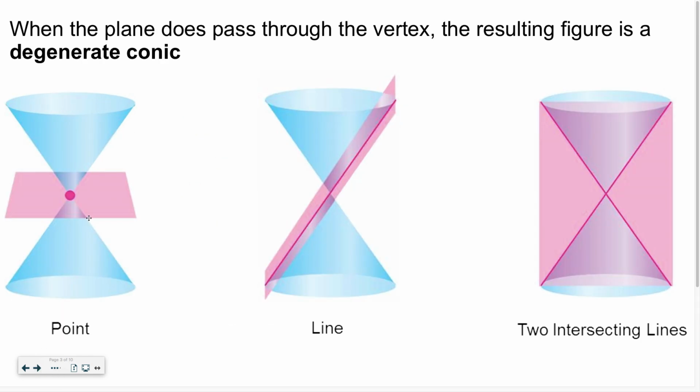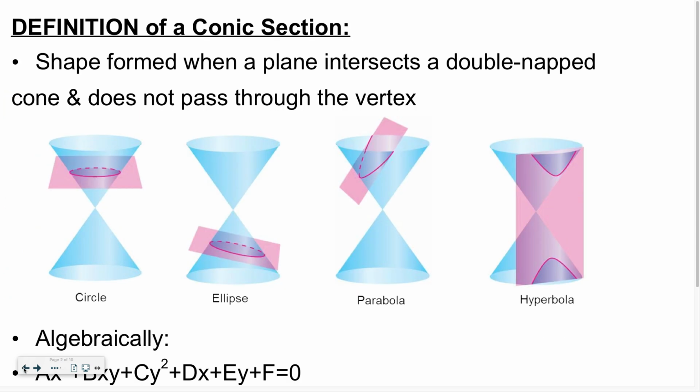We could intersect at a point. We could intersect at that line down the diagonal, or we can intersect so that we're going through the 2 lines together. We're not going to worry about those. We're just going to worry about the actual conic sections. These are the ones that we are going to graph together.